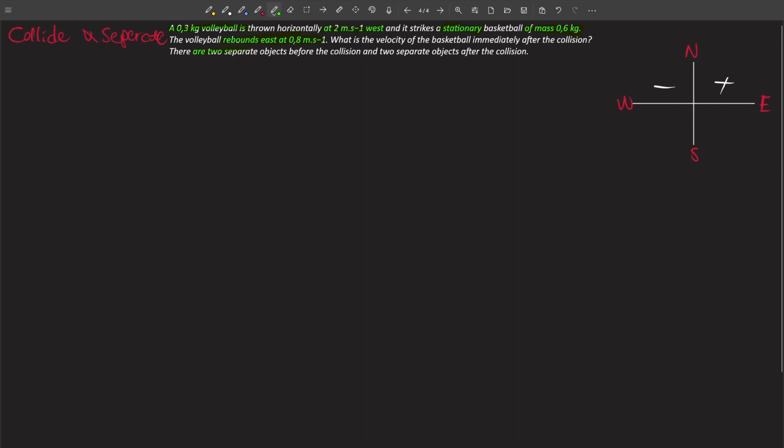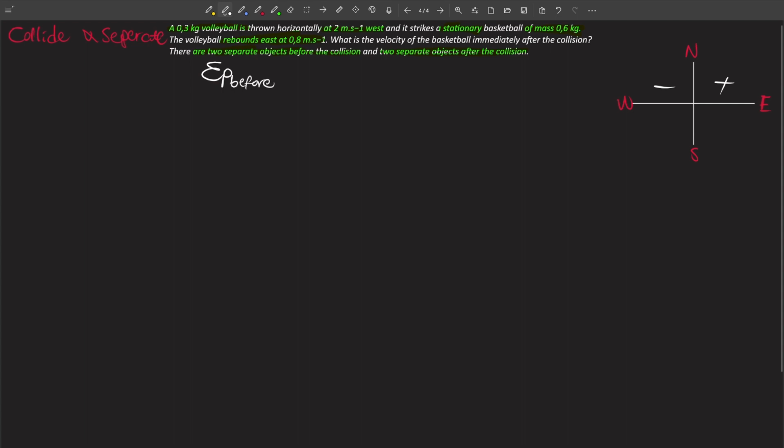There are two separate objects before the collision. This is a hint. Before the collision two separate, and after the collision two separate. Okay, let's now look at our solution. Obviously we will start again with the formula.